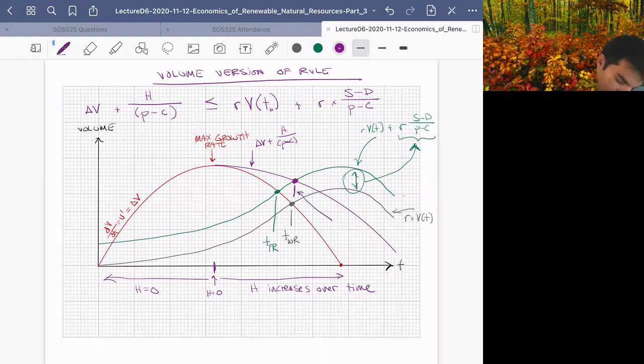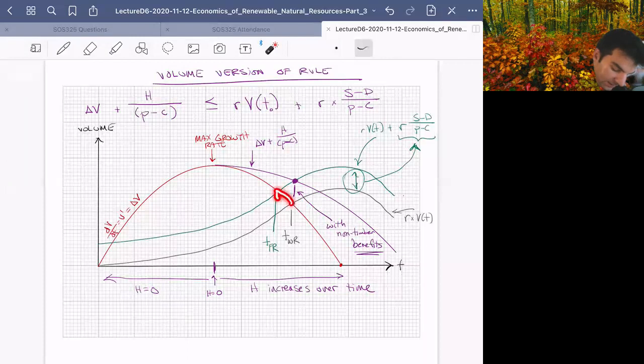And so this right here, I could call it Faustmann with non-timber benefits. So adding opportunity costs up until this point has been shifting the rotation to the left. But when you properly account for the opportunity costs of non-timber benefits, it shifts things back out to the right.